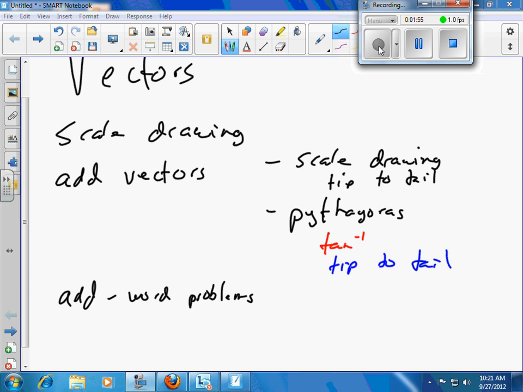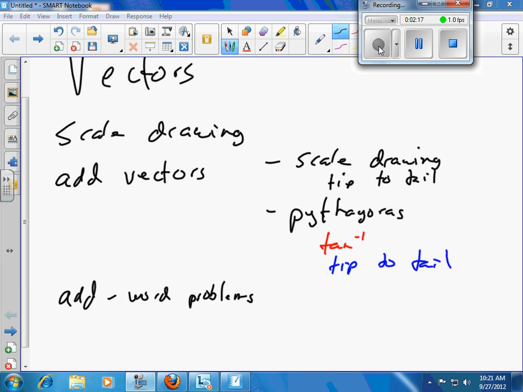What kind of wording would I use in an adding word problem? Like, what would be an example? How would you know? Well, I suppose there would be words. Maybe, or like here's some examples here.